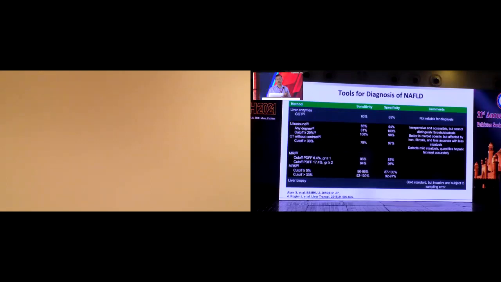So for our population, in contrast to that stated by the European Association for the Study of the Liver or the American Association for the Study of Liver Diseases, we need to focus more on the guidance coming from the Asia Pacific region or from Southeast Asia region, that we need to bring down our ALT sensitivity level to 19 and 25 possibly.